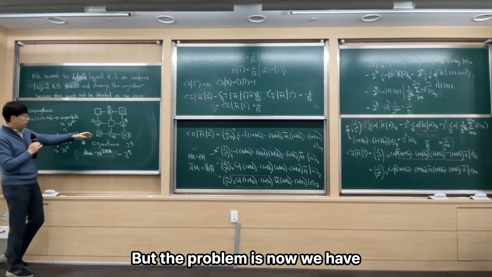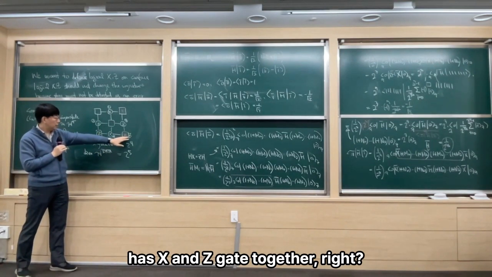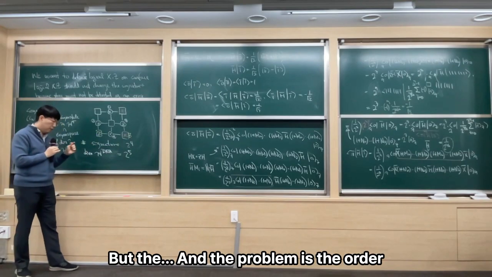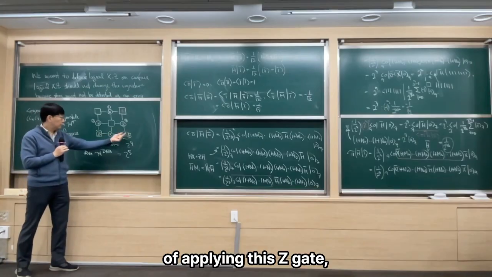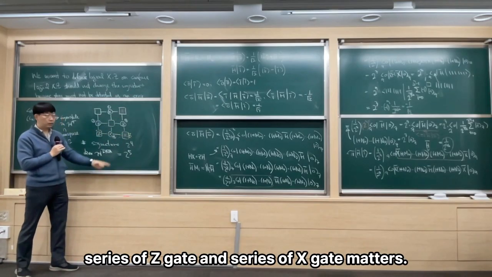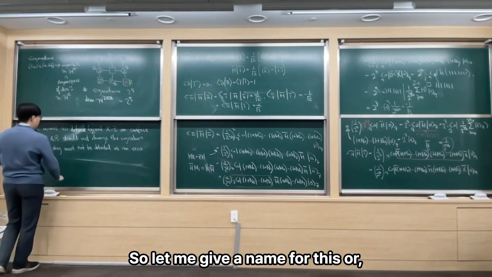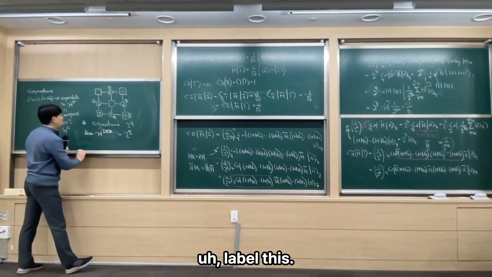But the problem is, now one data qubit has an X and a Z gate together, and the order of applying the series of Z gates and the series of X gates matters, right?